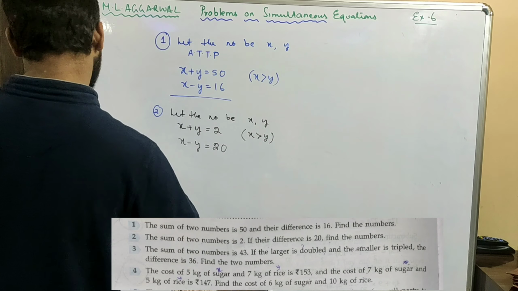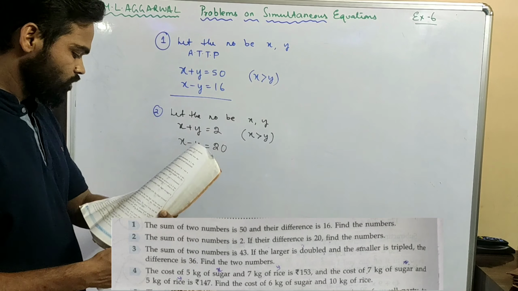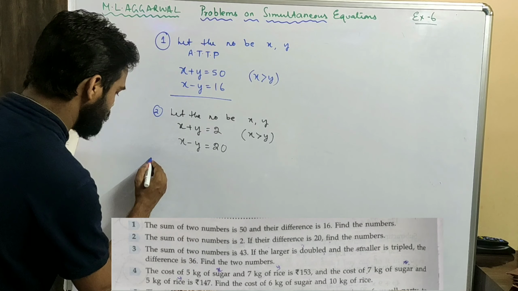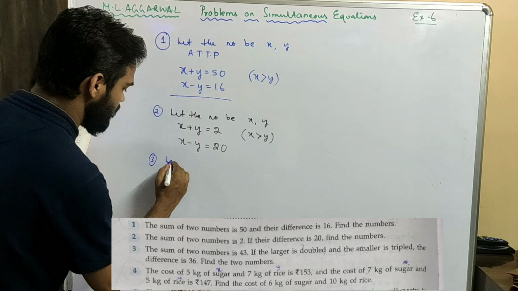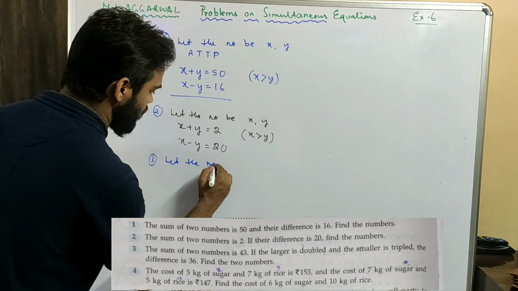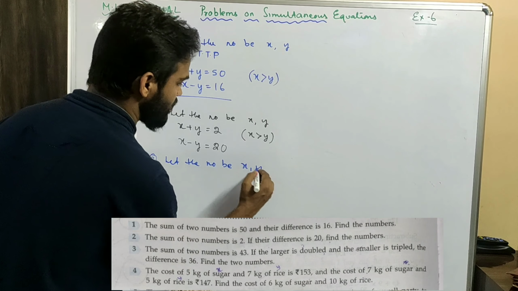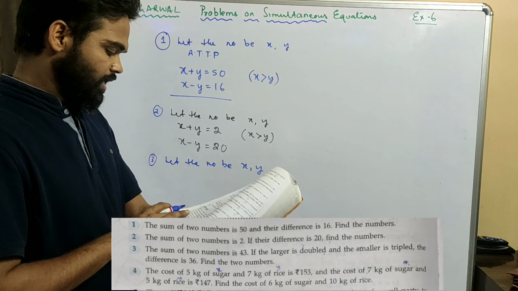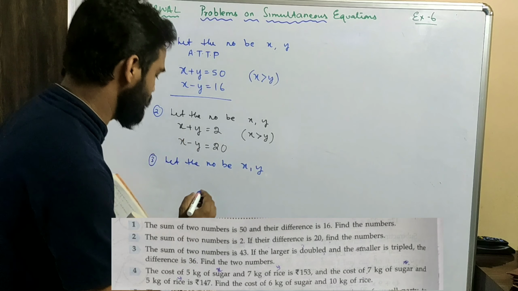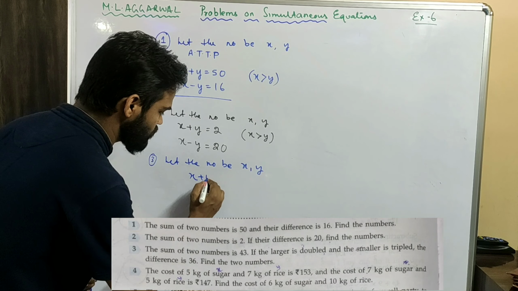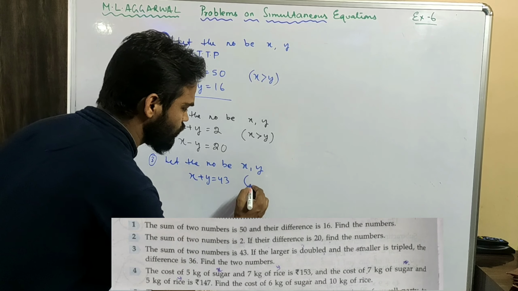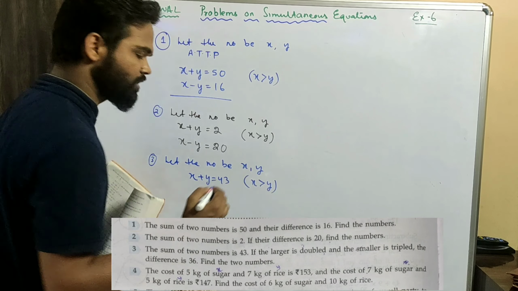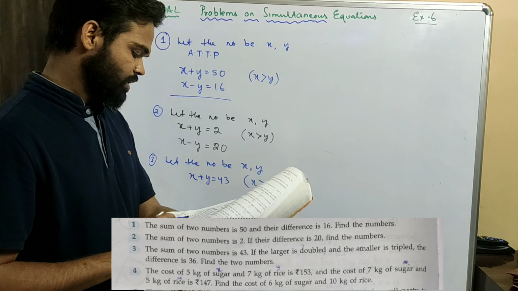Look at sum number 3 then. What they said? The sum of two numbers is 43. Let the numbers be x and y. Now I'll read the sum. The sum of two numbers is 43. So x plus y is 43 and we assume that x is greater than y.